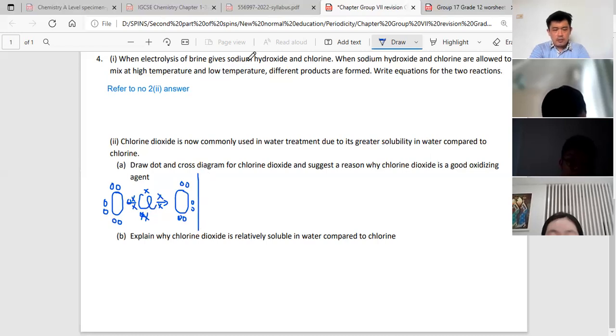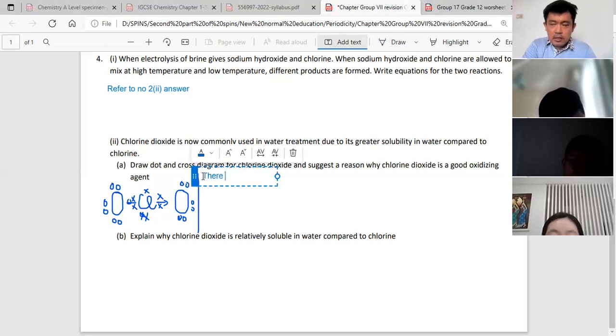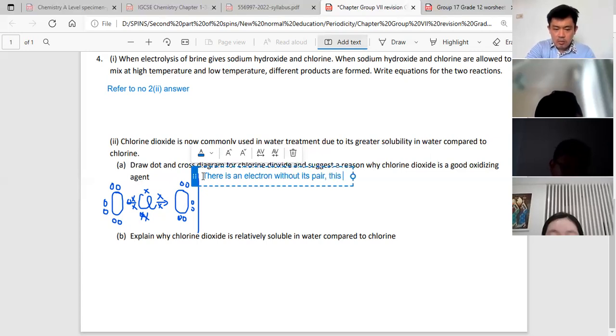So in this one, there is an electron without its pair. This electron is in an unstable state.